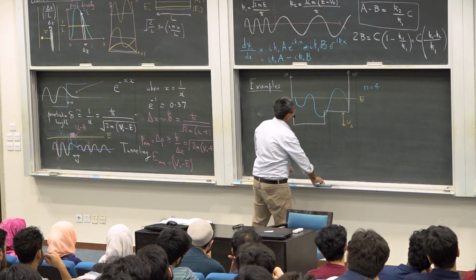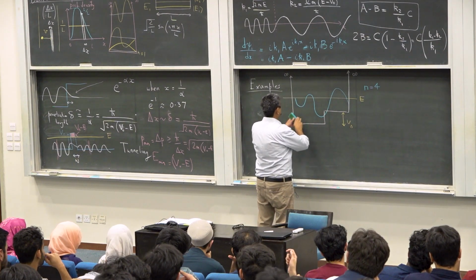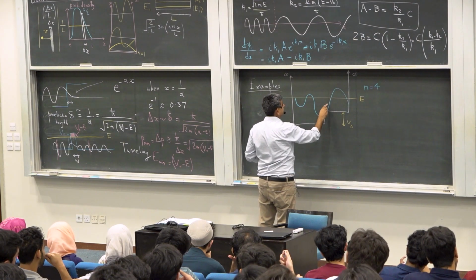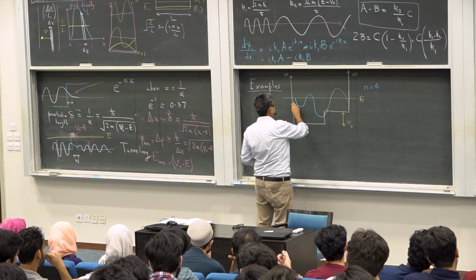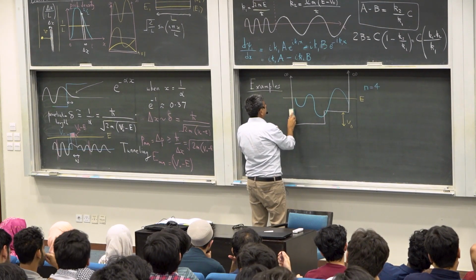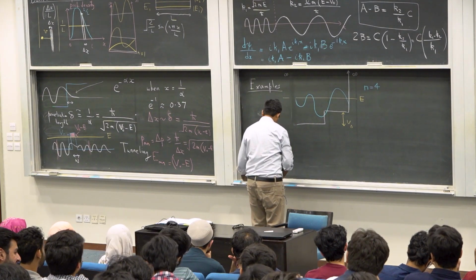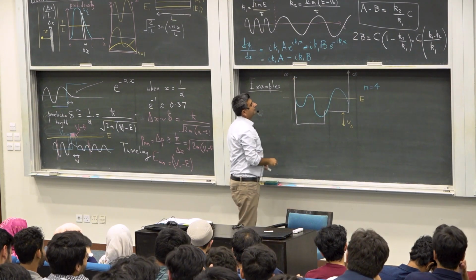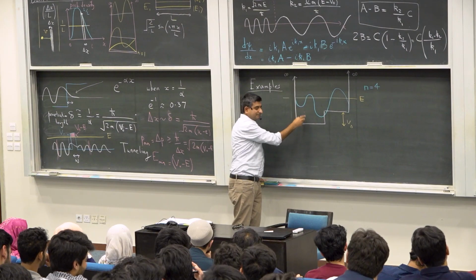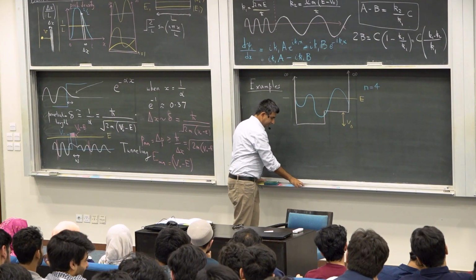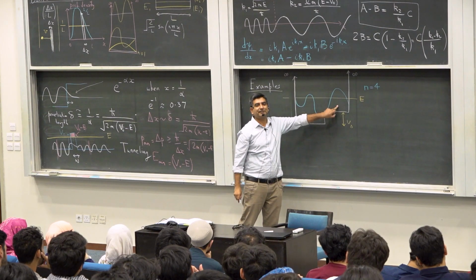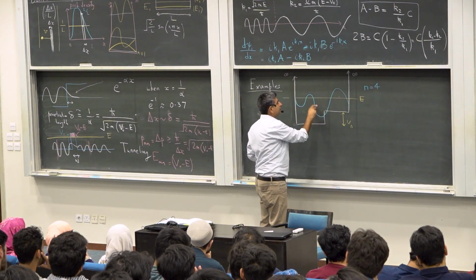Small wavelength, large wavelength. Still 4 lobes: 1, 2, 3, 4.